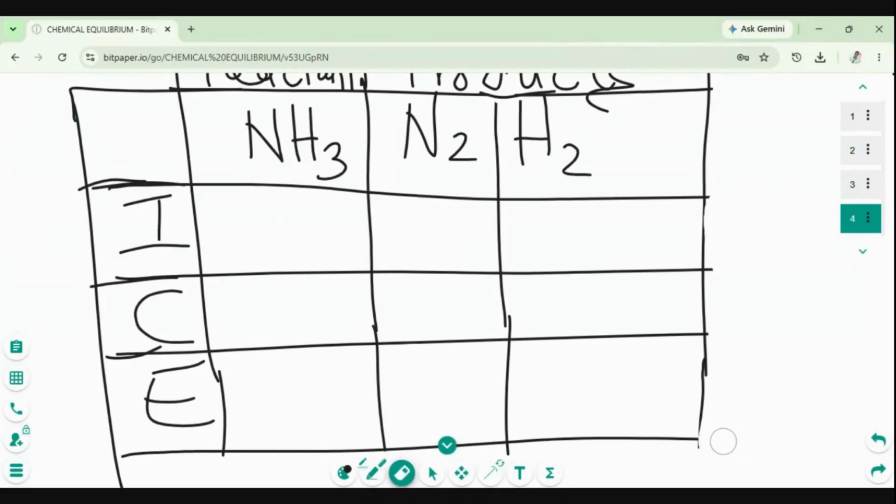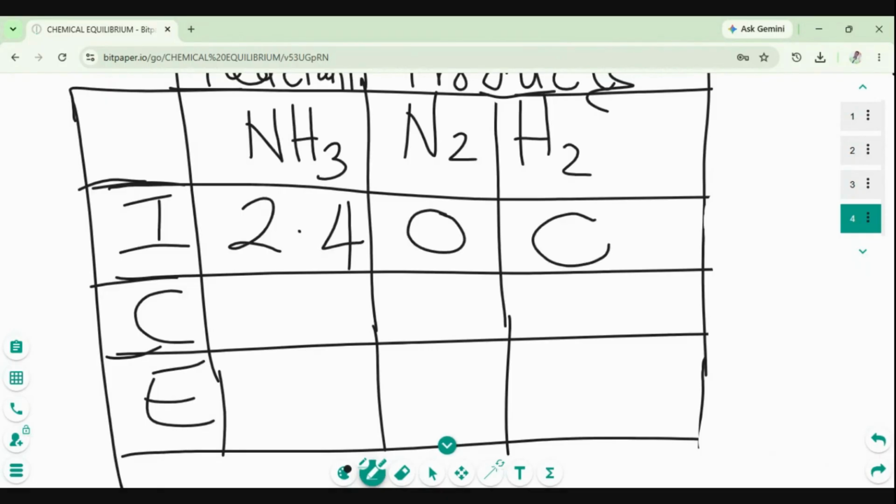What does the information say? It is telling us that we had 2.4 moles of ammonia, initially 2.4. And initially the products are always 0 and 0. And they're saying at equilibrium, 0.4 of nitrogen was formed.